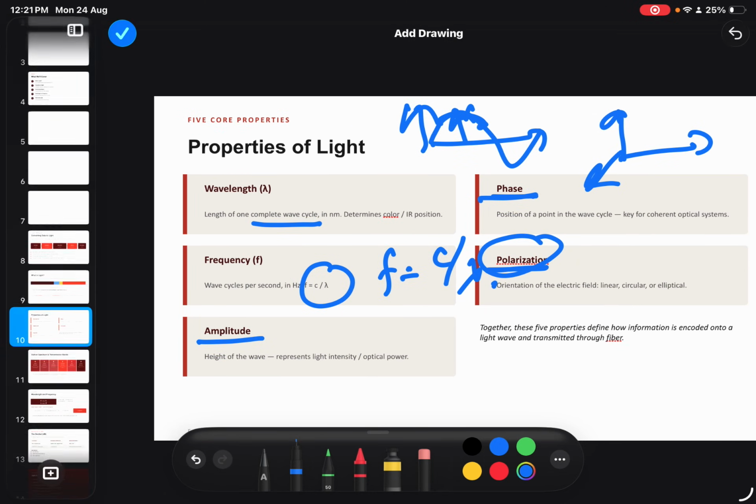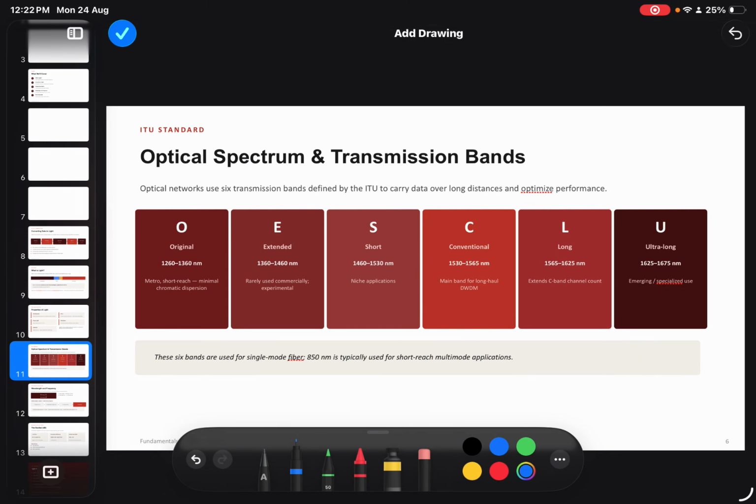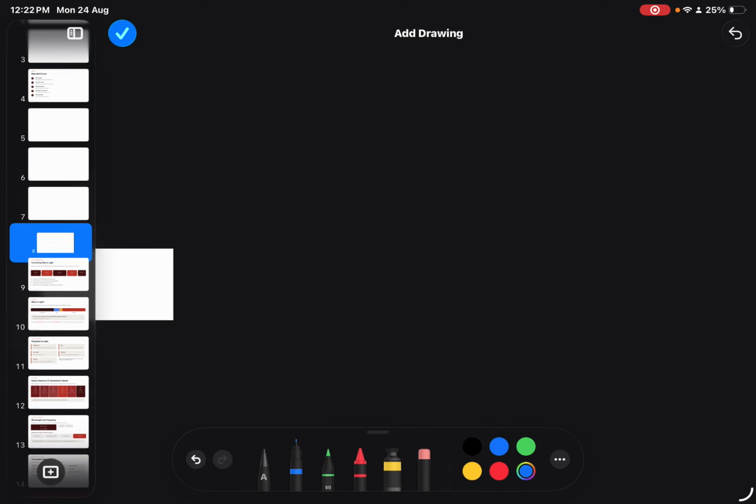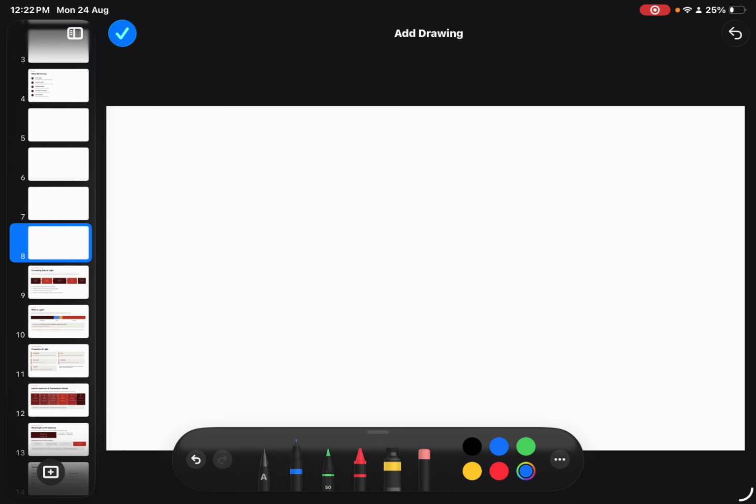Let me go to the next slide. Let me take another empty slide and explain these different components, all five of them, in a single slide. Let me draw a line.